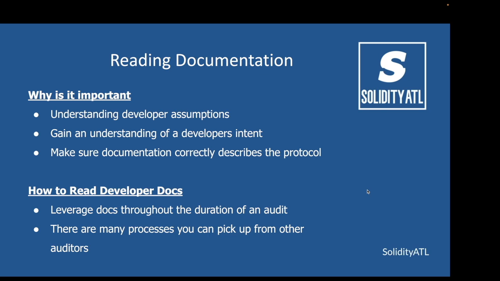During the process of an audit, it's very important to read through the documentation, if there is documentation provided, to help you gain a better understanding of the protocol. There's many different processes for reading documentation that you can go through, but we'll show you what we do once we start looking at Uniswap code.